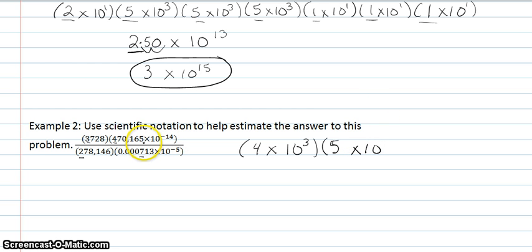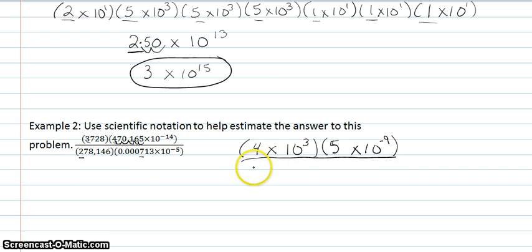Right now it's at negative 14. I need to go 1, 2, 3, 4, 5 places over. So I would add 5 because I was moving the decimal to the left. So that's going to be to the negative 9. Because I added 5 to the negative 14.